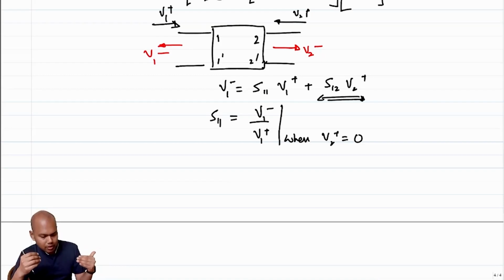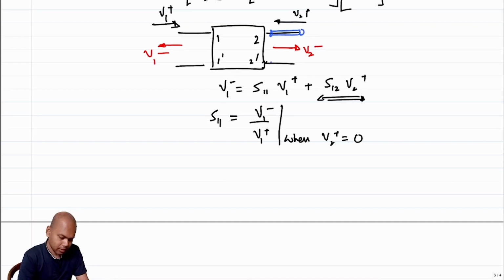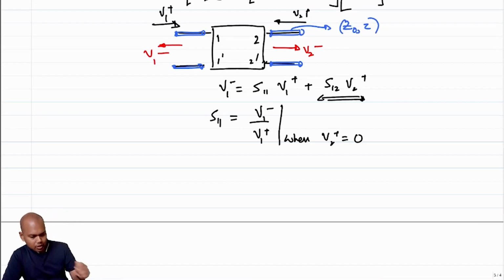Okay, but if you assume that each of these lines that are coming out are like transmission lines, which are long lines, that is the whole purpose of doing S parameters. Each of these lines has a characteristic impedance Z naught, and they are associated with a time tau, right?